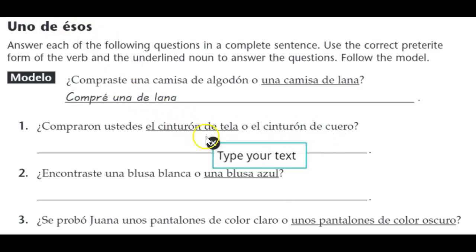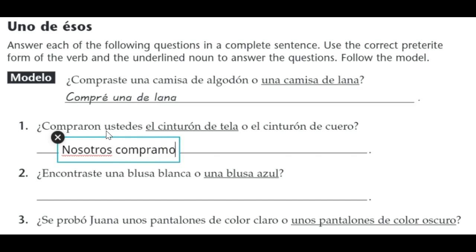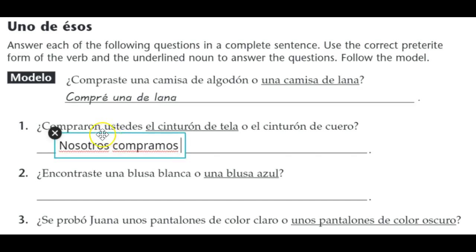So we're going to answer the question. Now, the question was for compraron ustedes, right? As you can see, compraron ustedes right here. Did you all buy? Well, you can't say ustedes as the answer. You must use the nosotros form. Nosotros compramos, because the AR form is the same in the past tense.